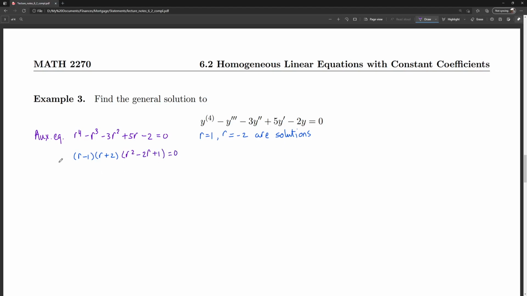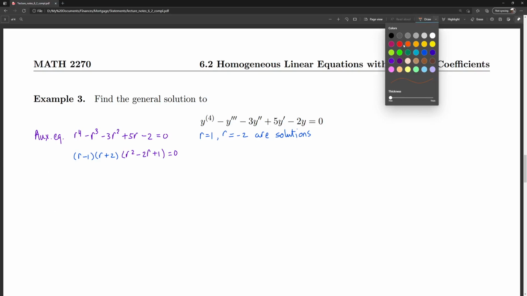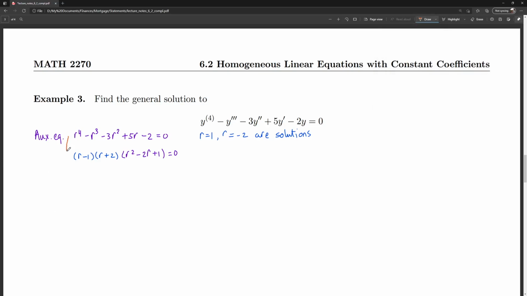The way that you go from here to here is by using long division twice.